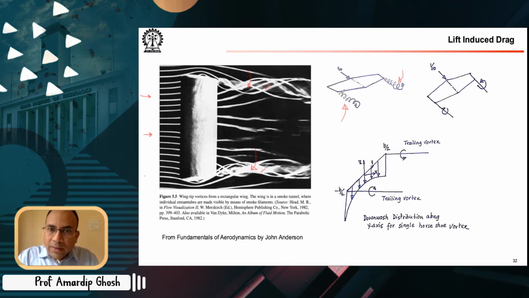Now, as I said, if you look at the circulation that is induced, and the vorticity field that is generated, it can be shown that you can represent these trailing vortices by vortex tubes or vortex filaments that are directed like this.